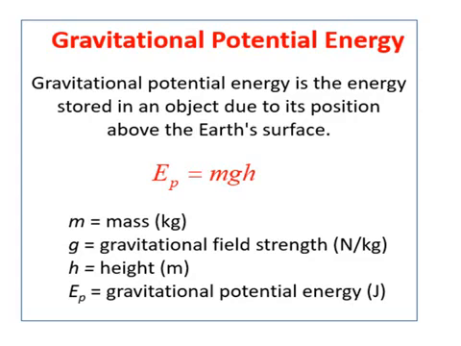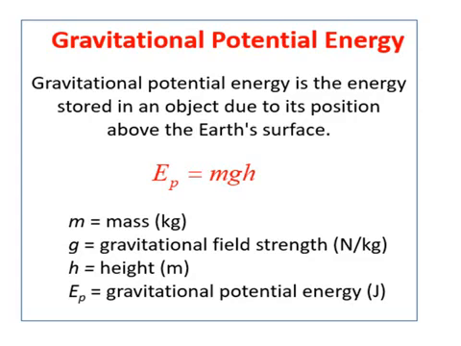The formula for this is EP, that is gravitational potential energy, equal to mgh, where m stands for mass, which should be in kilograms, g the gravitational field strength, which is 9.8 meter per second square, and h is the height.